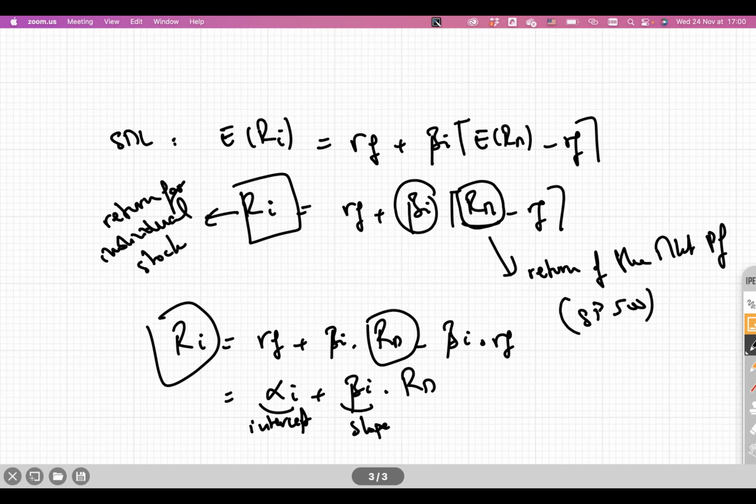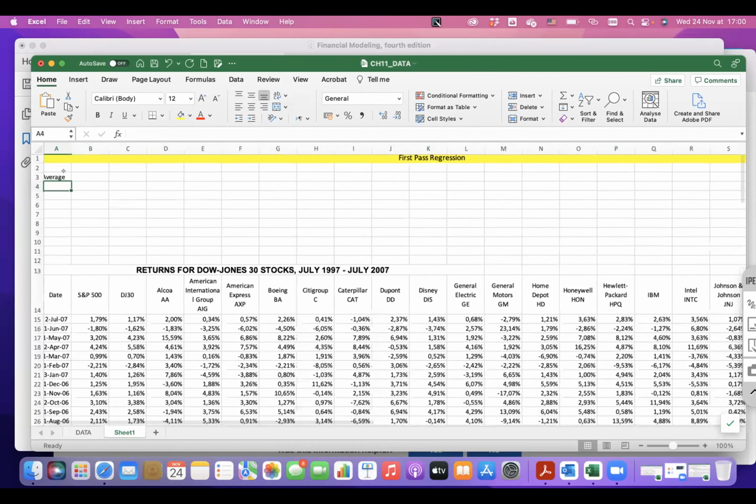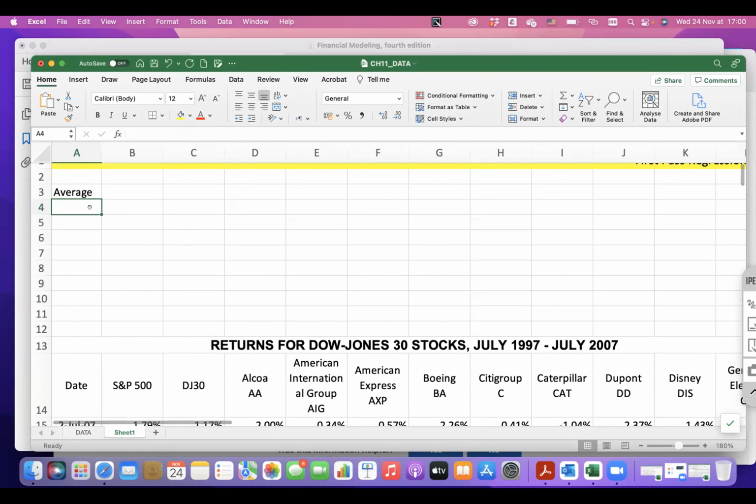Now, let's see how to practice this on Excel. So I will add here a new row and I'll call it average. I need the average return for each one of these columns. Then the beta, the slope, sorry, the slope is the beta.